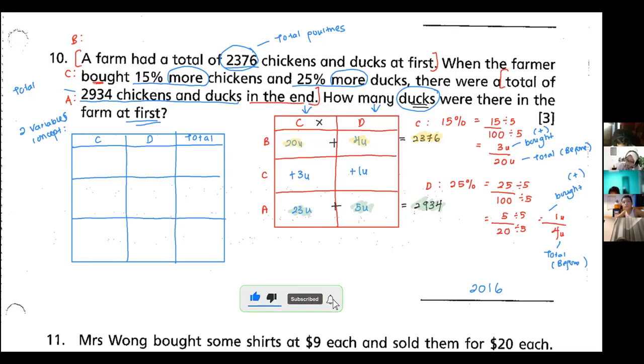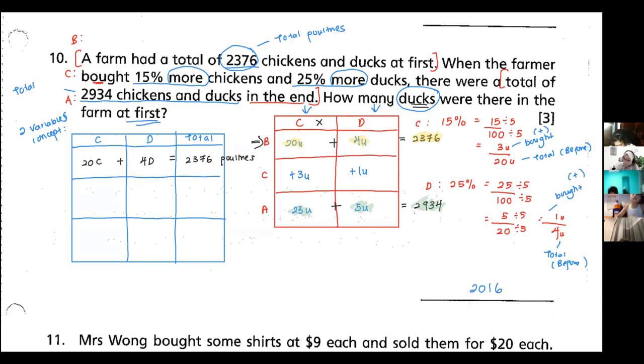Okay, the first one is this one. 20 chicken plus 4 duck equals 2376 poultries. That's why I say that poultries is the birds.